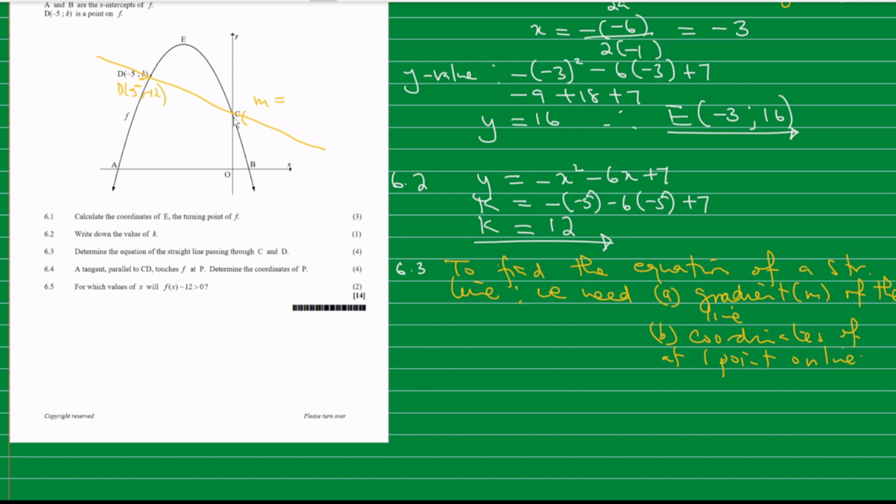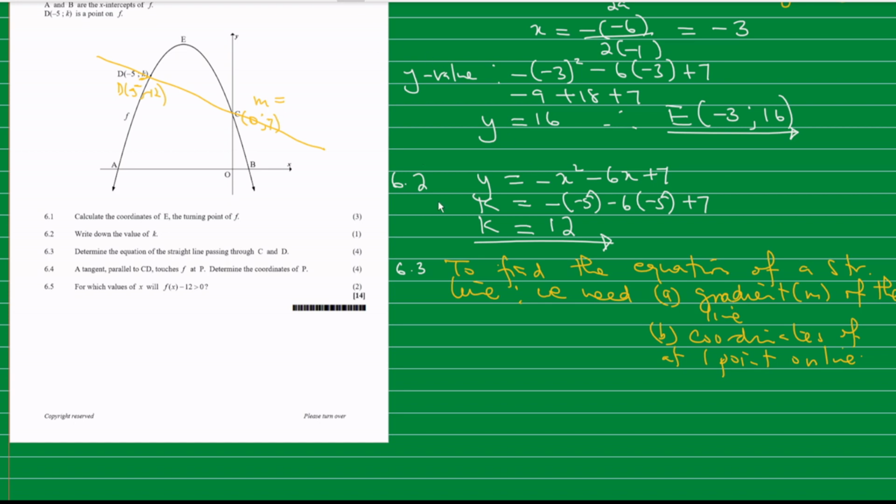And C is a y-intercept, so our x is 0 and y is 7. We will use these two coordinates to find our gradient.